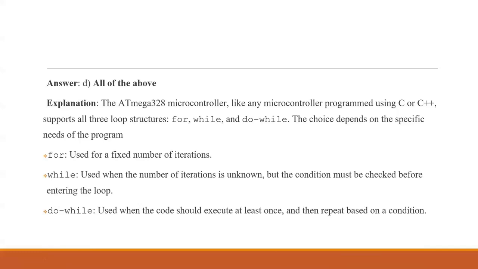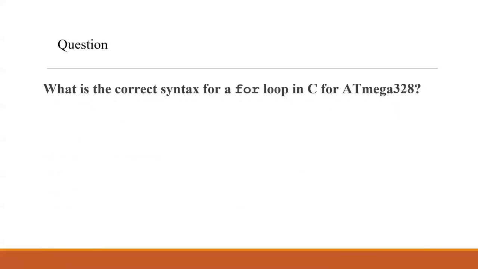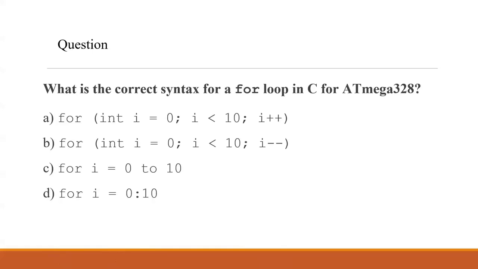What is the correct syntax for a for loop in C for all ATmega programs? So now we have A, for int i equals 0, we terminate.